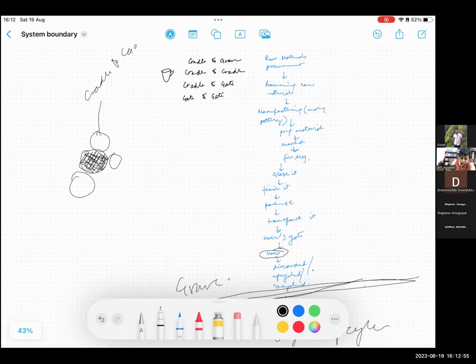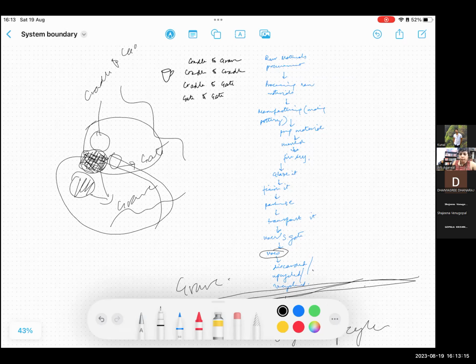For example, this is also going only up till gate, only this and this one are going up till grave. Then you keep adding for this one and you ignore these two for the grave part, but the whole report will still be cradle to grave. It will not be cradle to gate. You can't report that this is only for cradle to gate and these two I'm doing for cradle to grave. You can't mix the two like that.